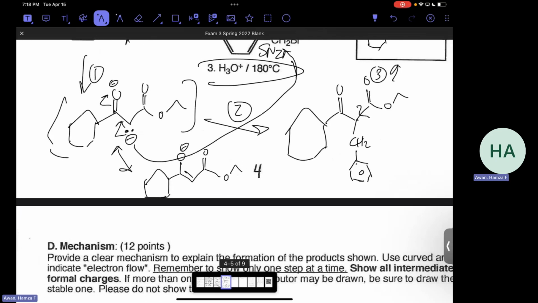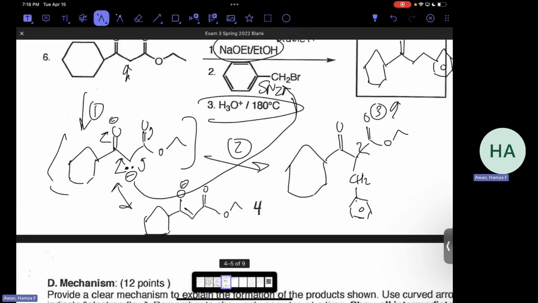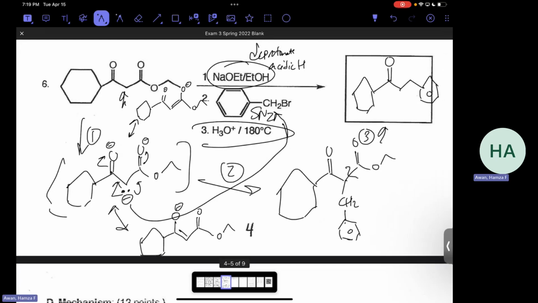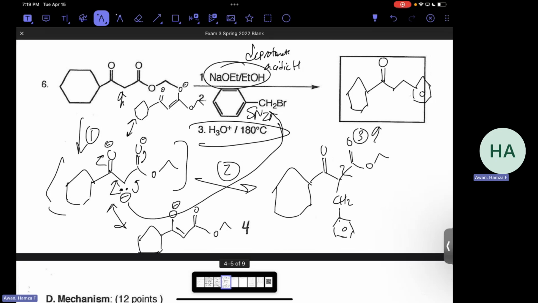And then we also have it going the other way, where that oxygen has the minus charge. I'll show that like this. Sorry, it'll look a little cramped here, but I'm just drawing resonance structures. That will be the other resonance structure that you would have to draw.